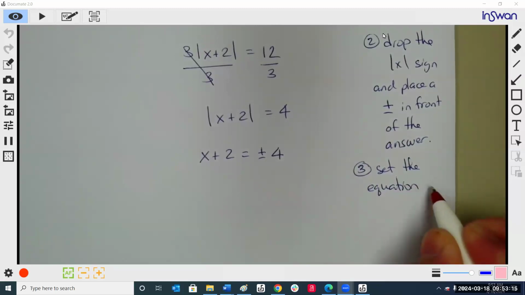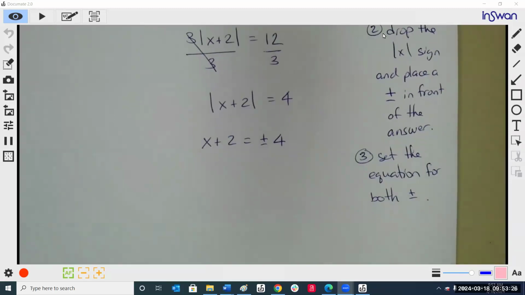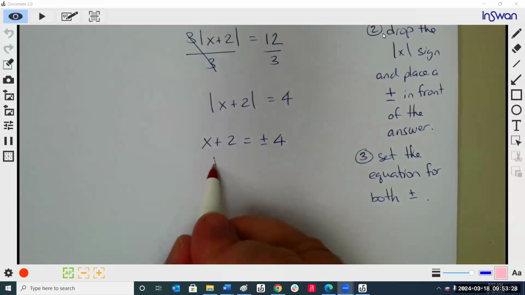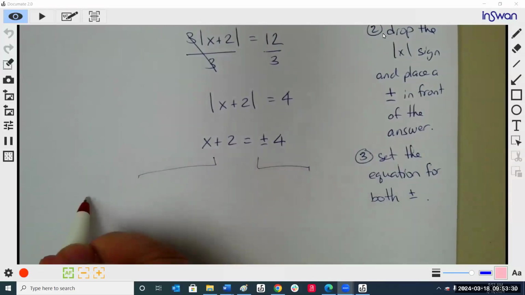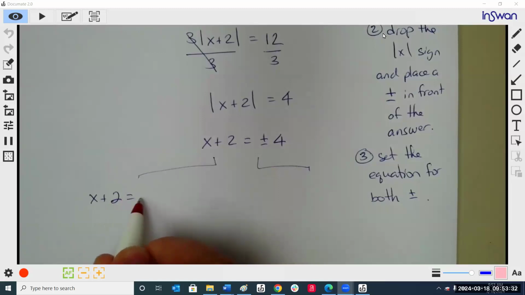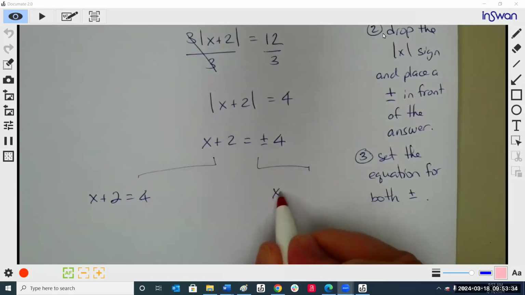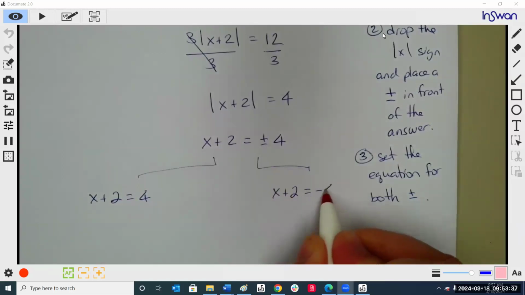Set the equation for both plus and minus. We have x plus 2 equals +4. X plus 2 equals -4.